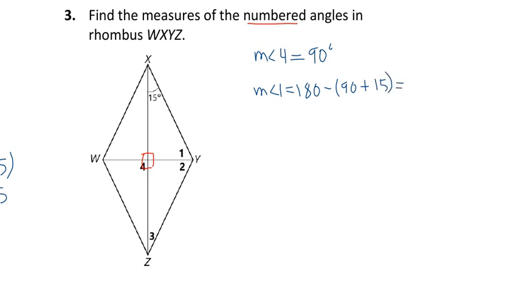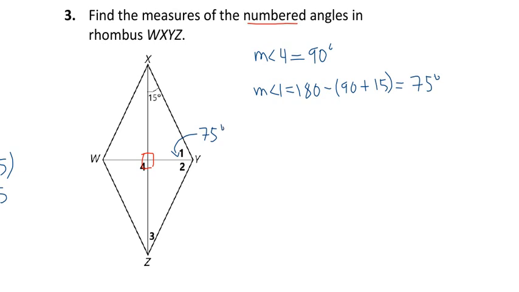So 180 minus 90 and the 15, that gives me 75 degrees. So I know that the measure of angle 1 is 75 degrees.